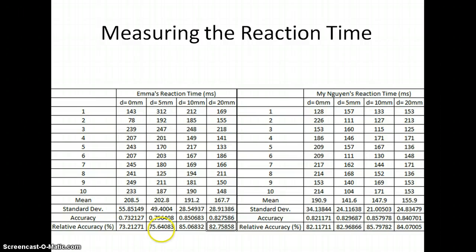It's not exactly high. So I use the second strip, which is D equal 5 millimeter. In this case, I let it fall for 5 millimeter before I let her see the reaction strip and react to catch it.